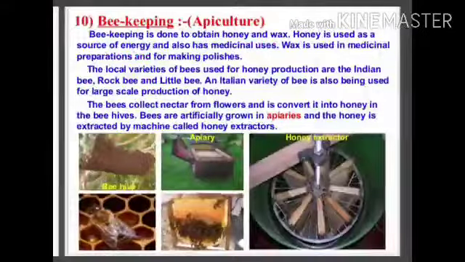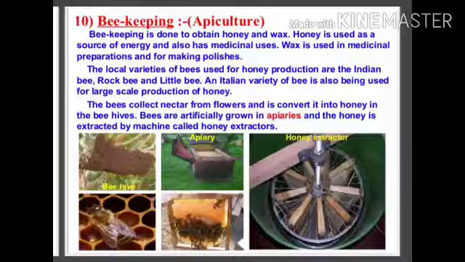After that, last is apiculture, the rearing of bees to get honey, as beekeeping is done to obtain honey and wax, as honey is an important source of energy and also has significant medicinal value.